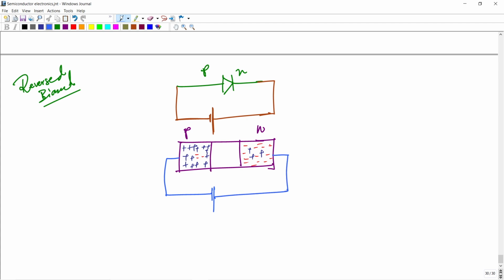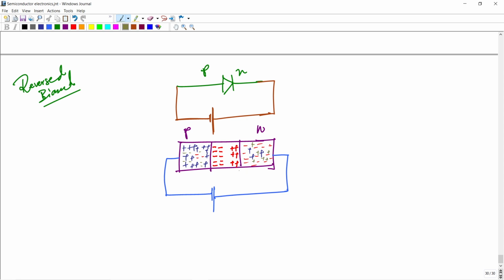Due to that configuration, electrons are situated here, positive here. So here you see that electrons, minority carriers, are automatically in the P region. Similarly, the N region also generates more minority carriers.